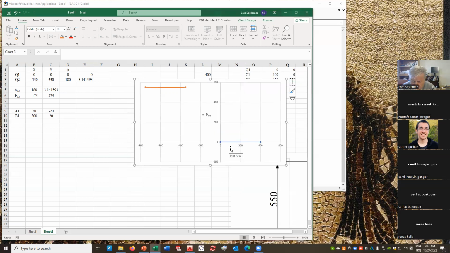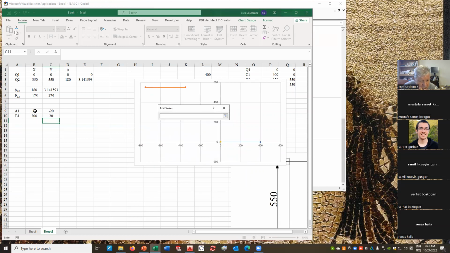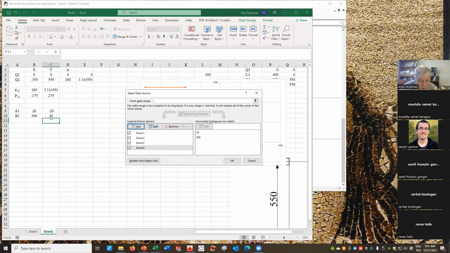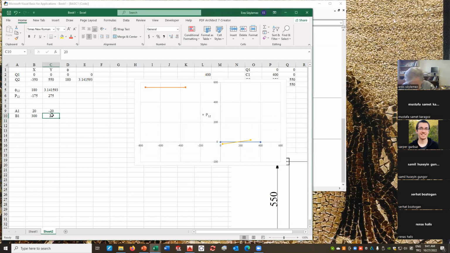If you want, I will select data. I can take point-wise, but what I will do is draw a line from A1 to B1. Oh, sorry, okay. This should be minus 20 underneath the box.